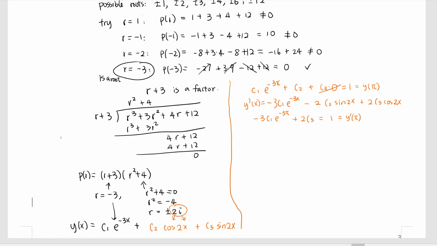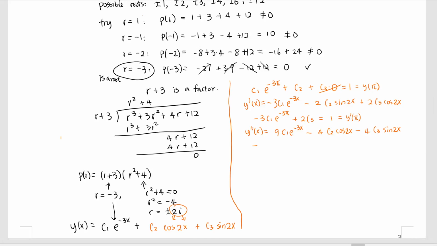Okay, so one more to go. That's 9 c1 e to the negative 3x. Here, the derivative of sine is cosine, but you have an extra multiple 2, so we have 4 c2 cosine 2x. Derivative of cosine is negative sine, but we have an extra factor of 2, so 4c3 sine 2x.